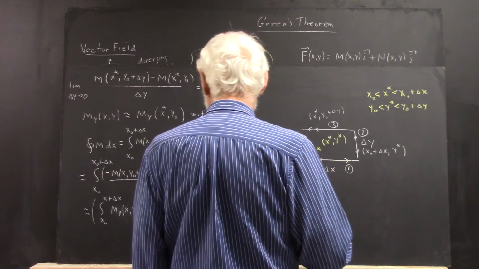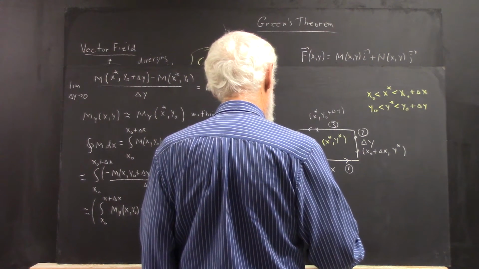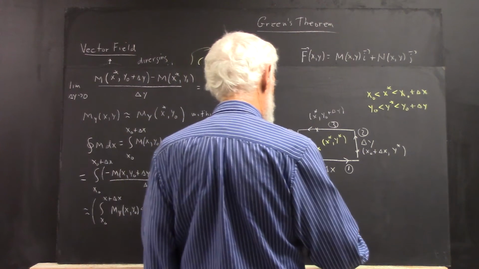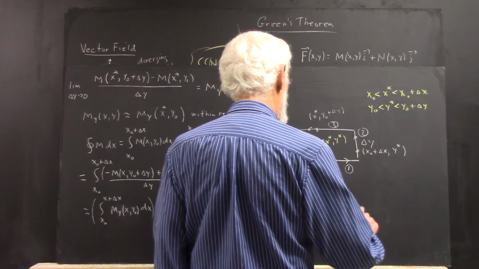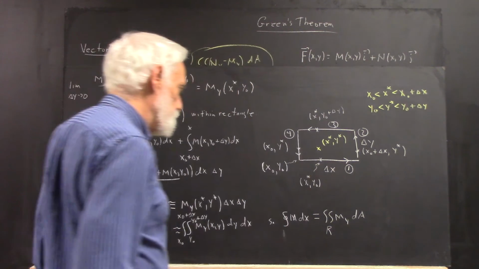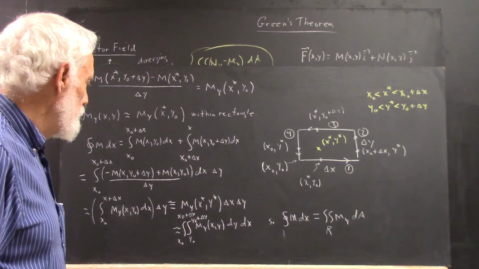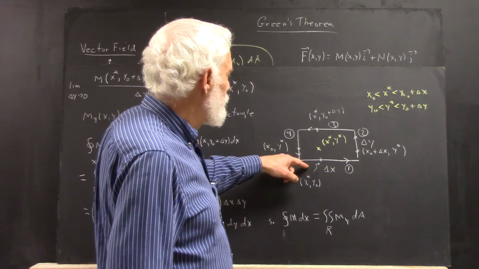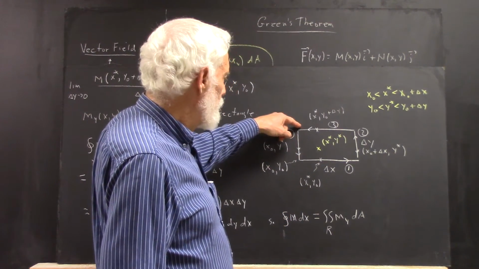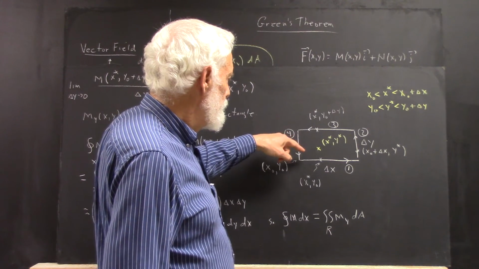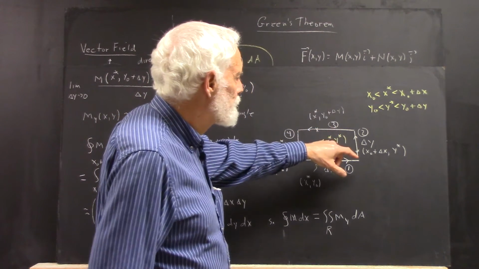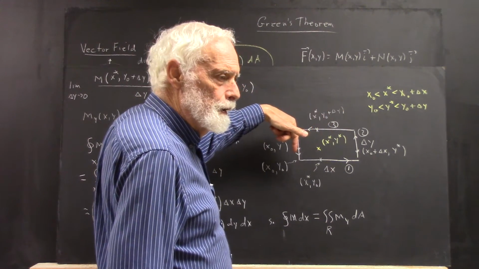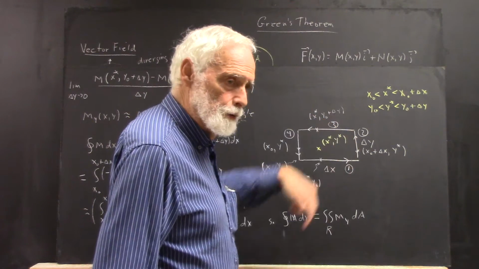So the integral of m dx is equal to the double integral over the rectangle of m sub y with respect to area. And it all comes down to just the fact that it's the y derivative of m that makes the magnitude of the integral over this top edge different than the magnitude of the integral over the bottom edge.